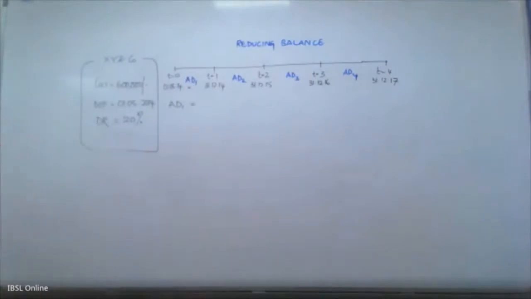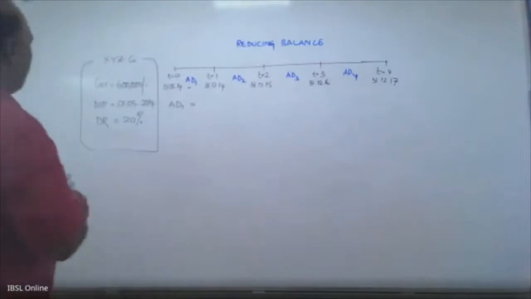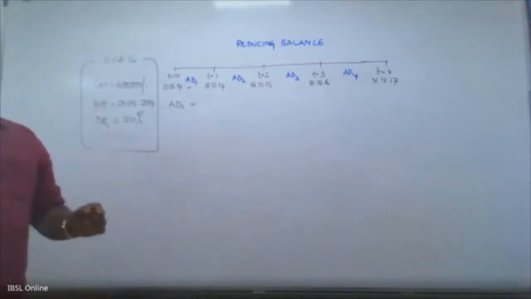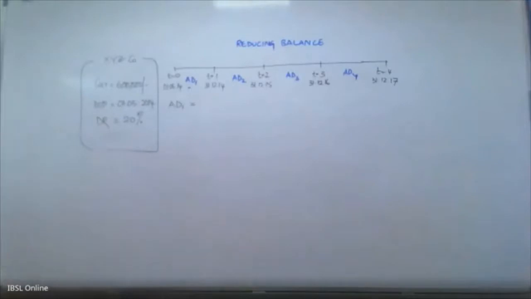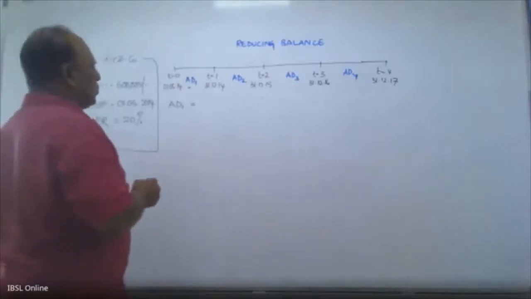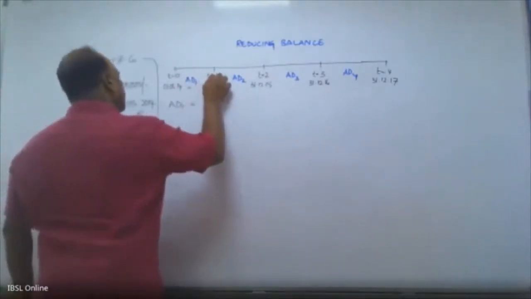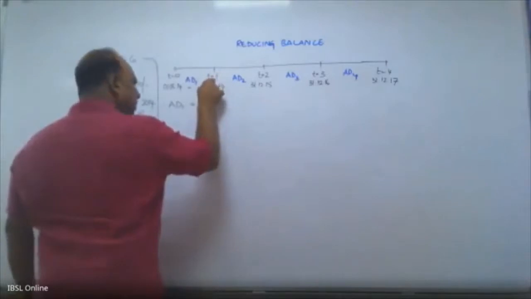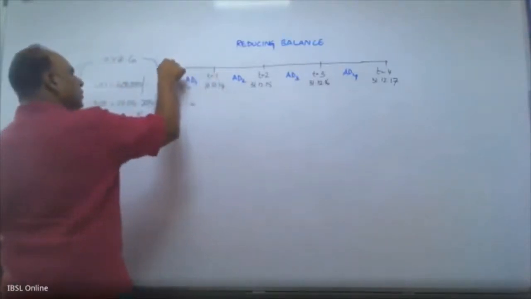I told you that here it will be based on reducing balance, means you have to calculate the depreciation based on the net book value. Please remember, net book value at the end of each accounting period. So now what is the net book value I use here at this point?